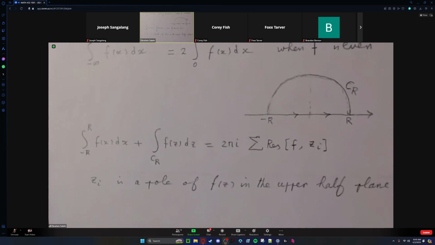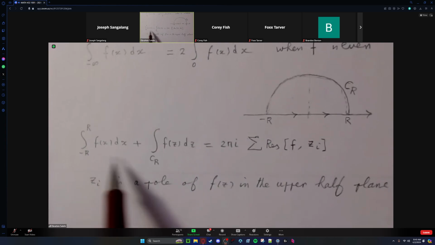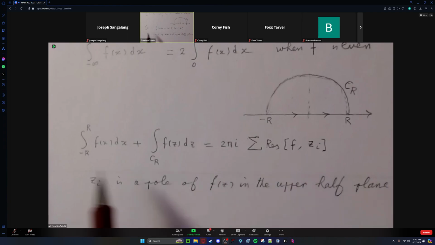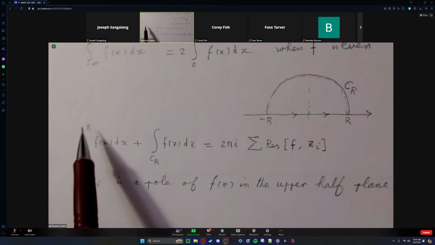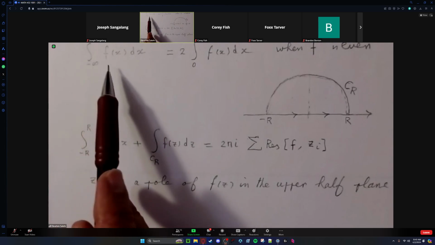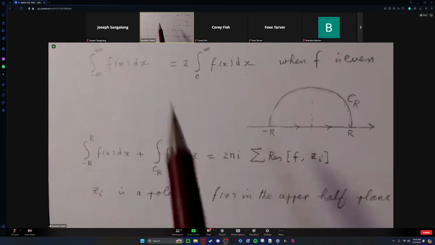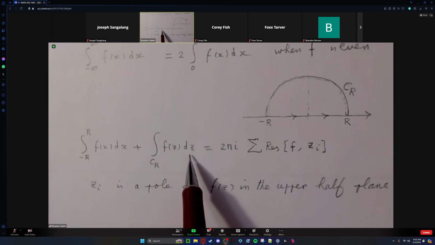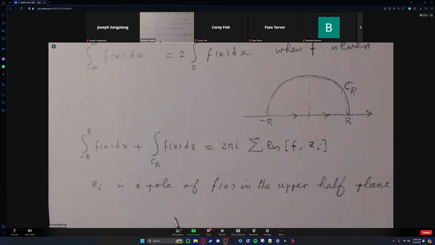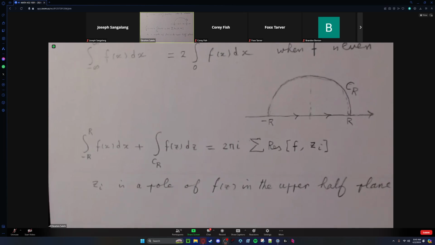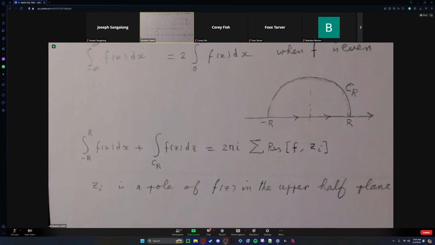So in this fashion, this equation is perfectly fine, but we let R approach infinity. When R approaches infinity, this will give us the integral from negative infinity to infinity of f of x dx. That is what we are after, okay? How about this one? Well, when you're dealing with a fraction and the degree of the top is 2 less than the degree of the denominator, it will go to 0. So we use this fact.